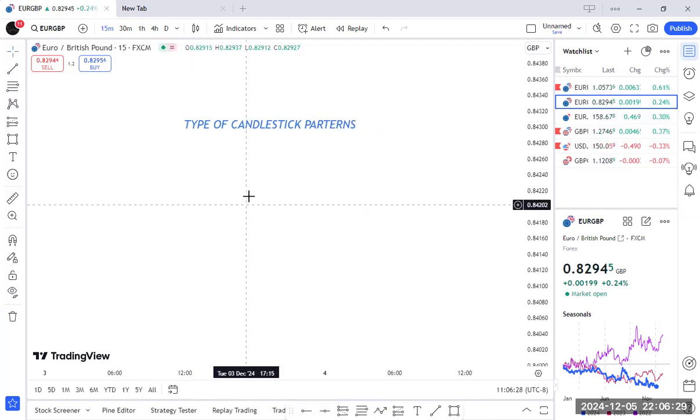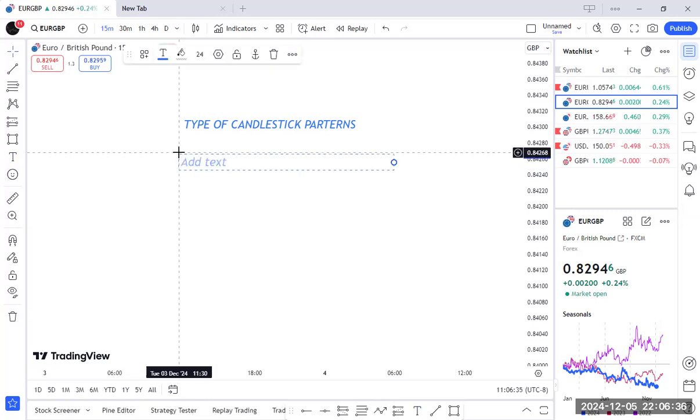Types of candlestick patterns. Number one, we have the hammer candlestick. Number two, we have the doji candlestick.